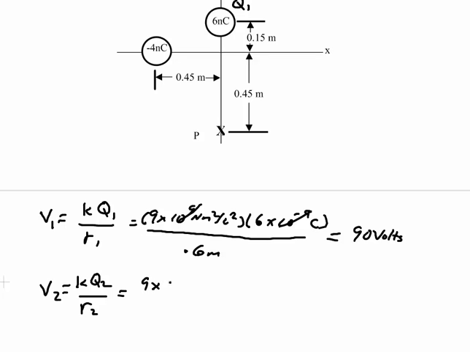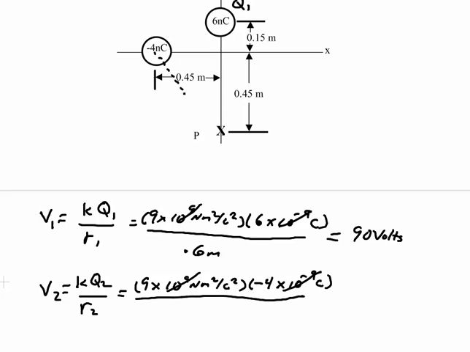And I get 9 times 10 to the 9th Newton meter squared per Coulomb squared. I multiply this by a minus 4 by 10 to the minus 9 coulombs. Again, these two cancel. And then for the distance, it's a little different. I'm talking about this distance here.